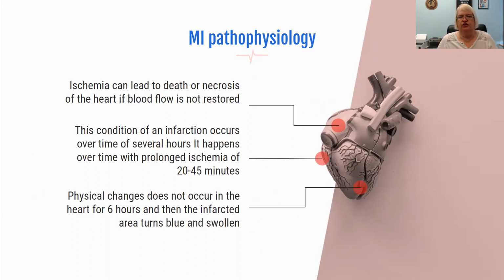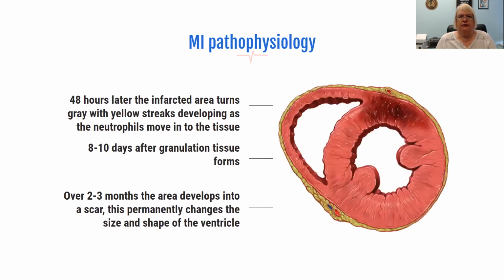The physical changes do not occur in the heart for 6 hours. And then that infarcted area will become blue and swollen. 48 hours later, the infarcted area turns gray with yellow streaks.